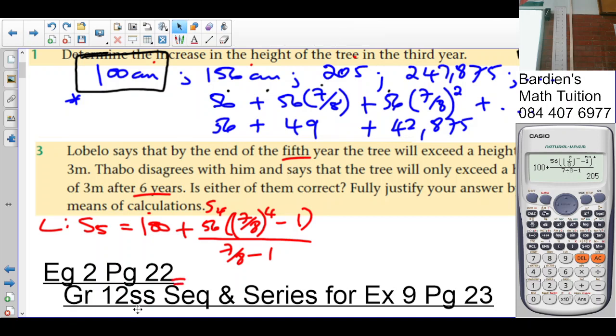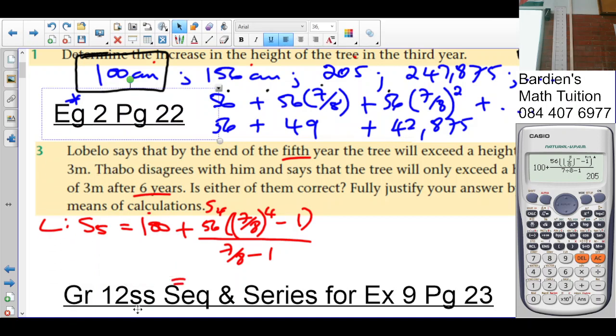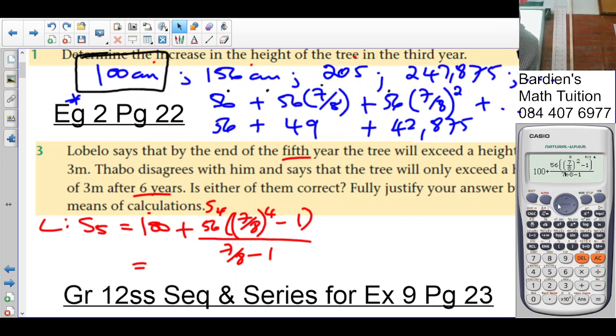So that basically gives us, let's say again, 100 plus 56 into 7 over 8 to the exponent 4. Remember the 1 is accounted for, okay? That's why I'm not putting a 5 here.